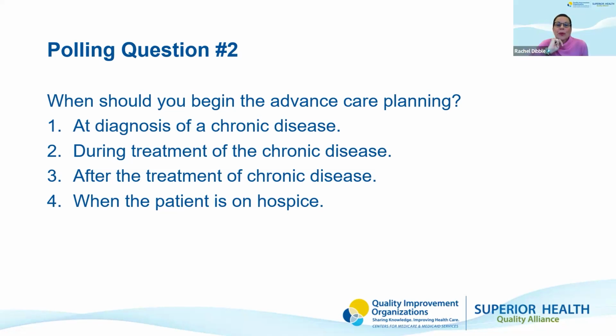Okay, so when should you begin advanced care planning? At diagnosis, during the treatment of chronic disease, after the treatment, or when the patient transitions to hospice?